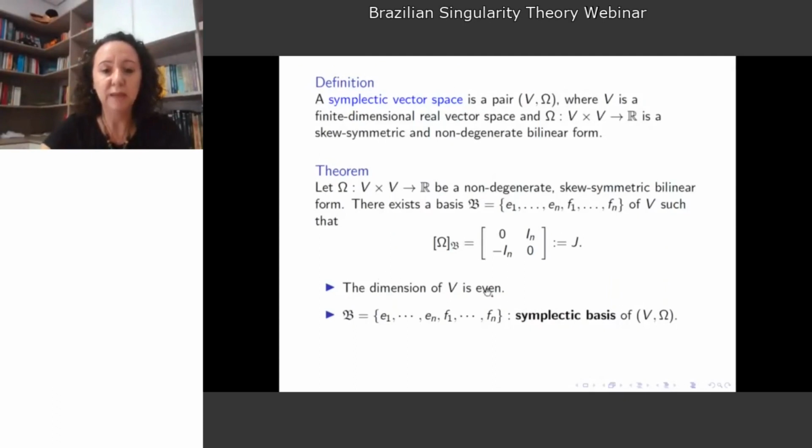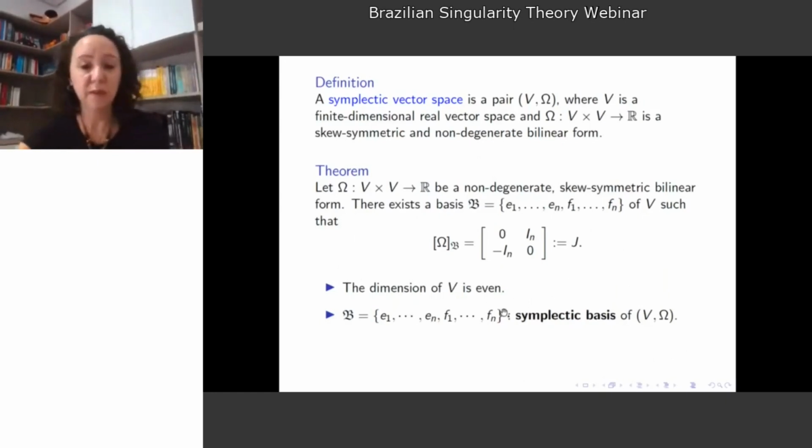This basis is called a symplectic basis, and this result implies that the dimension of a symplectic vector space is even.